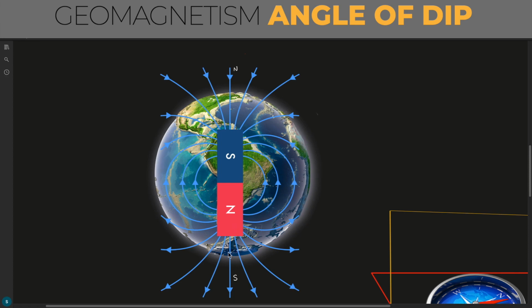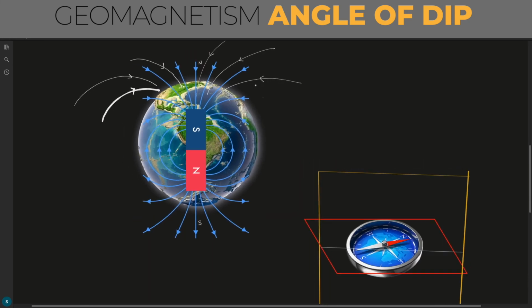But from the perspective of magnetic behavior, all the lines of force are getting inside this pole. When all the lines of force are getting inside, that means in terms of magnetism the south pole lies there. They are converging at this particular pole, so this is the magnetic south pole, and we call it the north pole of the Earth.